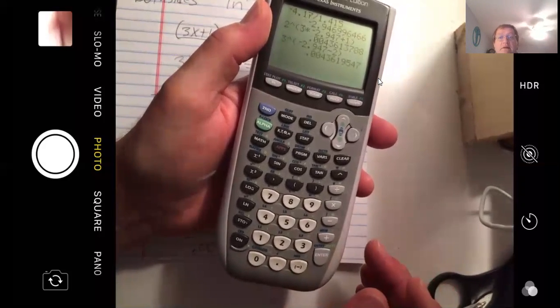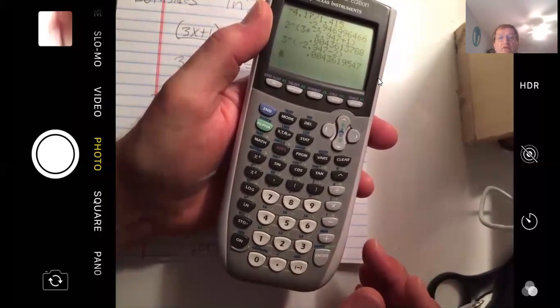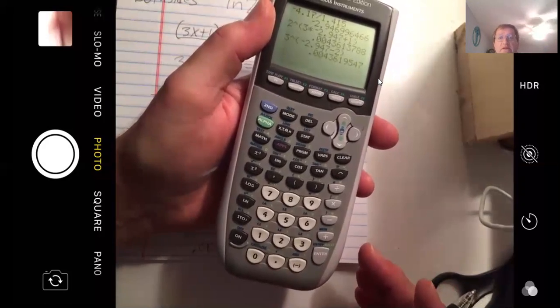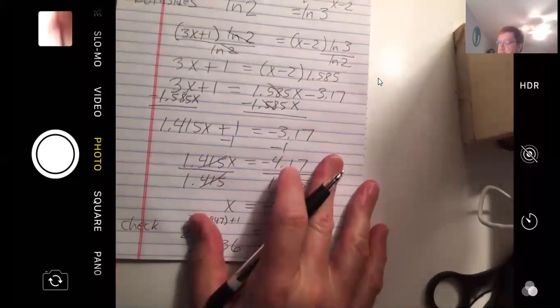Well, it checks to the first 6 digits. 436. If that gives you any kind of confidence in it. Of course, you don't have to do this check, you use the back of the book, but even though we did some rounding in the middle, it's still fairly accurate.